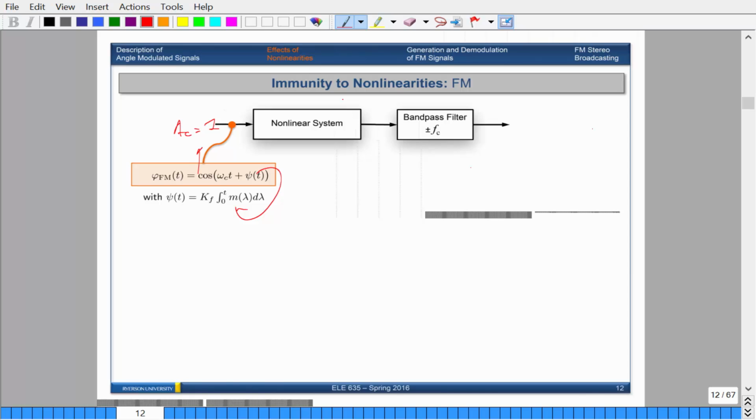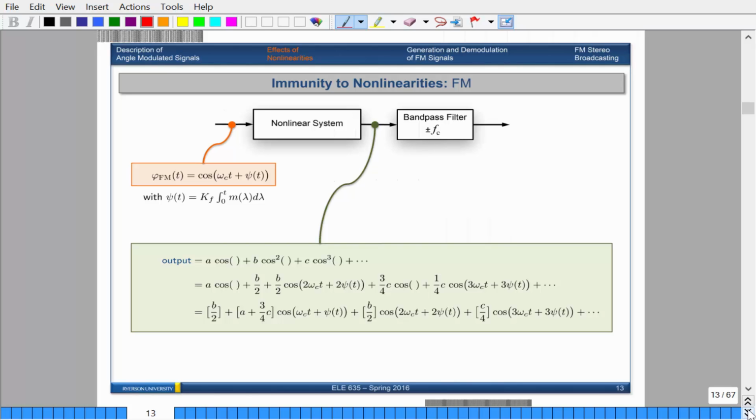Now, if you put it through your nonlinear system and apply a bandpass filter to it, let's see what happens. This bracket here is actually omega ct plus phi of t. I guess there wasn't enough room to put that in, but that's what each of these is equal to. So you have this, and then this. Also the omega ct goes here, and it goes here as well.